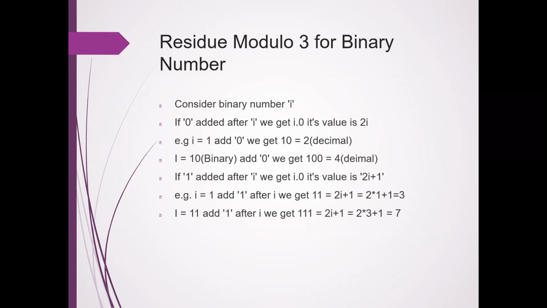Now assume that initially, as I said, you will be processing input from left to right, one digit at a time. So assume that your first digit is binary 0, right? To binary 0, the next number which can get concatenated will be 0 or 1. Agree?